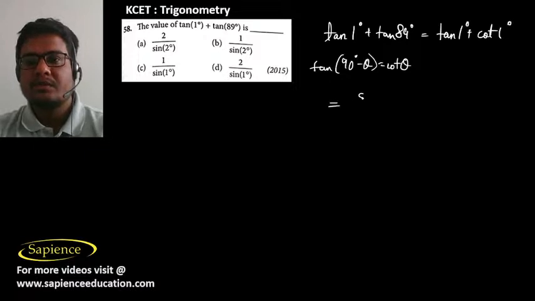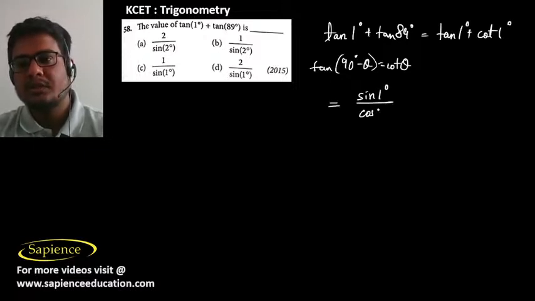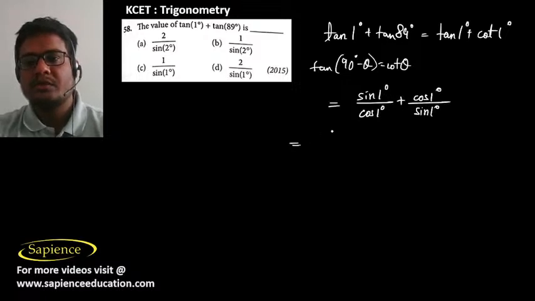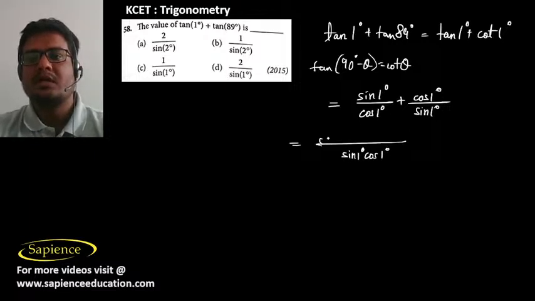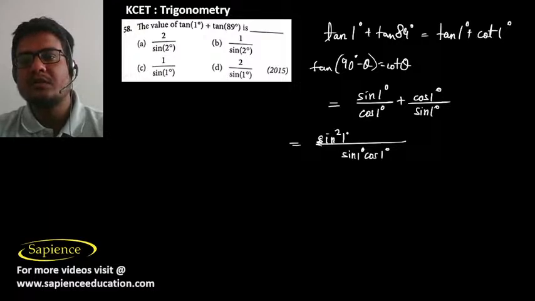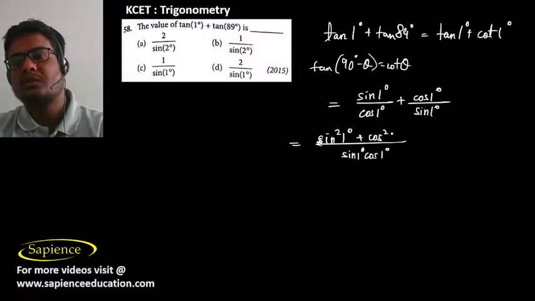So this I can write sin 1 degree by cos 1 degree plus cos 1 degree by sin 1 degree. So this will be equal to, we can take sin 1 degree into cos 1 degree as the LCM, and then in the numerator it will come sin square 1 degree plus cos square 1 degree.